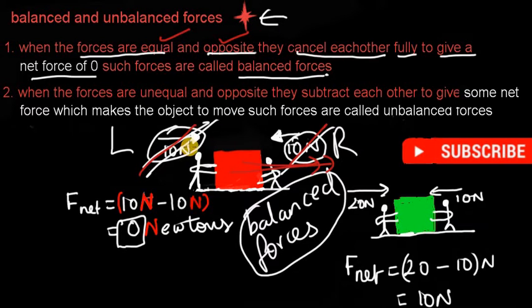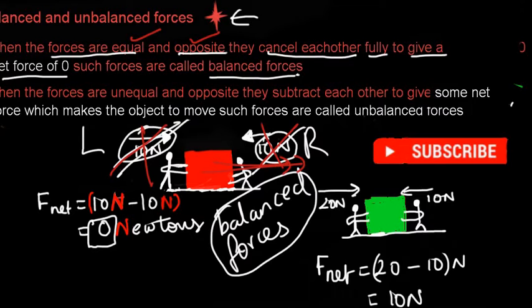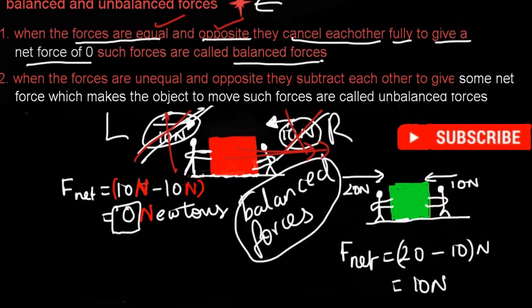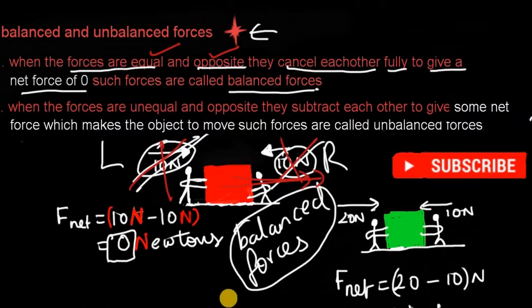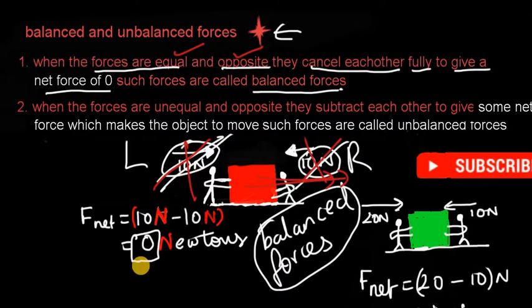So they cancel each other out to give 0 Newtons, a net force of 0. Such forces are called balanced forces. So this is the concept of balanced force. Balanced forces do not move an object, because the net force will be 0, and there will be no net force to act on that body to create motion.